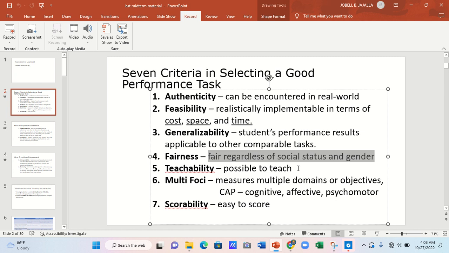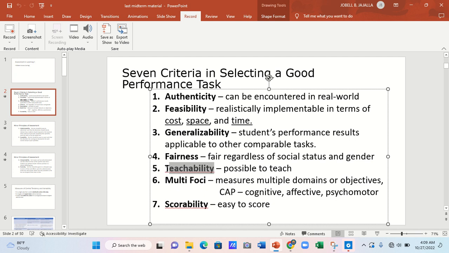And in terms of gender, can all the genders participate in the performance task that you have given? As much as possible, your performance task should be fair to everyone, giving everyone equal opportunities to participate. Now, for number 5, teachability.